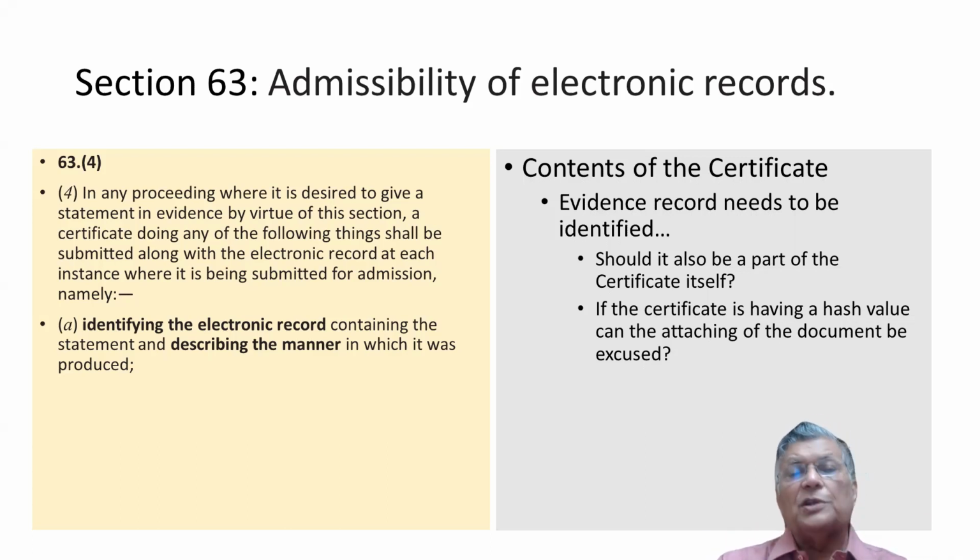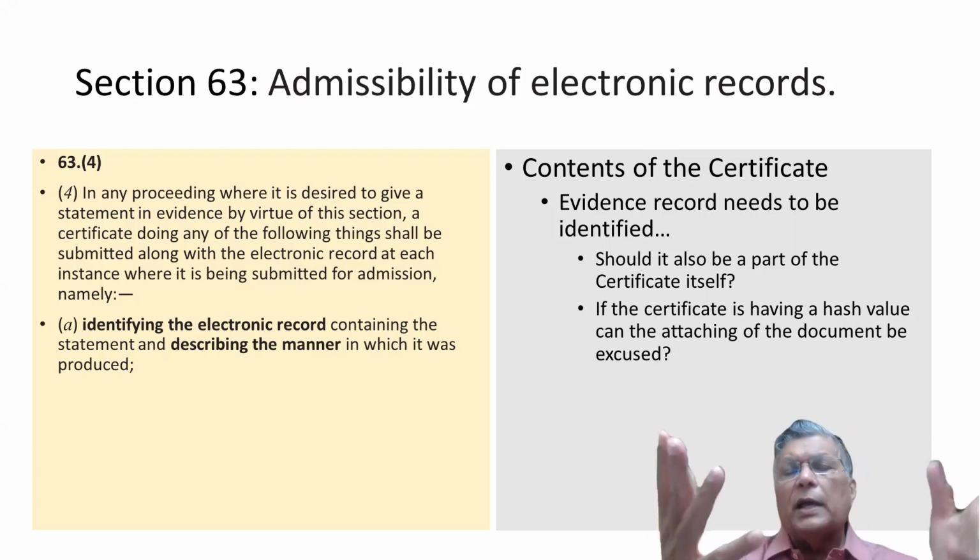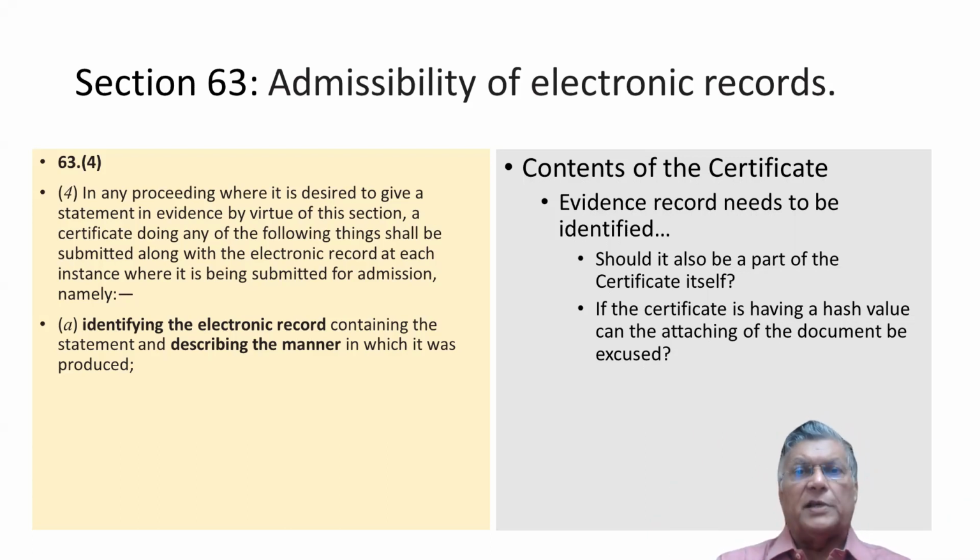But if it is produced in paper form, which is feasible in the case of paper, text matter, then there should be no requirement of a hash value, because you cannot create a hash value for the text portion. For example, you take the case of this Suhaskati case. We were looking at a Yahoo group message.